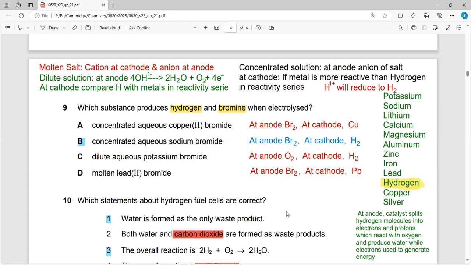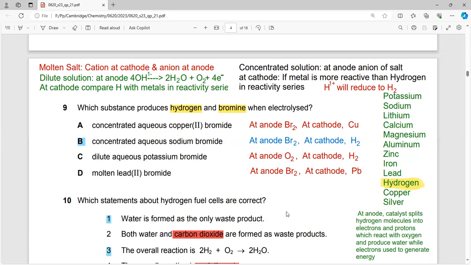There's no problem. But if you have a dilute solution or a concentrated solution, then you have to consider something. If you have a dilute solution, at the anode the hydroxide ion will be oxidized and produce water and oxygen. At the cathode, you have to compare hydrogen with the given metal in the reactivity series.